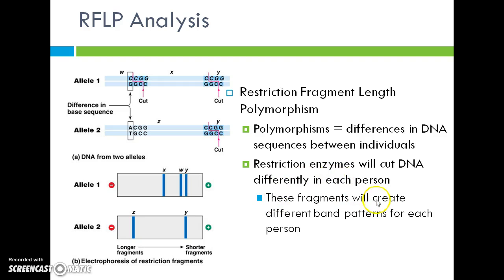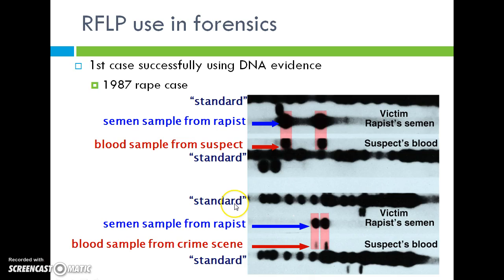So the fragments are going to create a different band pattern for each person. Here's one band pattern. Here's a different band pattern for the same gene. So depending on if you have brown hair or blonde hair, for example, your pattern could be a little bit different. And we can actually use these patterns to help us to identify genes or identify people.